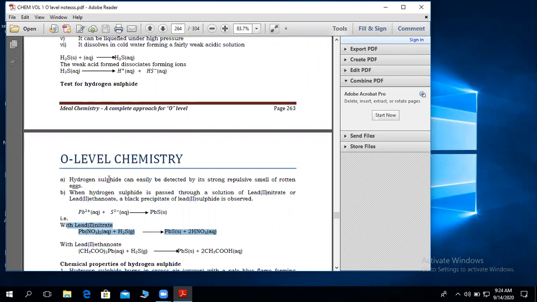So for us, when we say describe a chemical test for hydrogen sulfide gas, you say bubble the gas into a solution containing lead II nitrate, and the observation is a black precipitate. Let's move on.